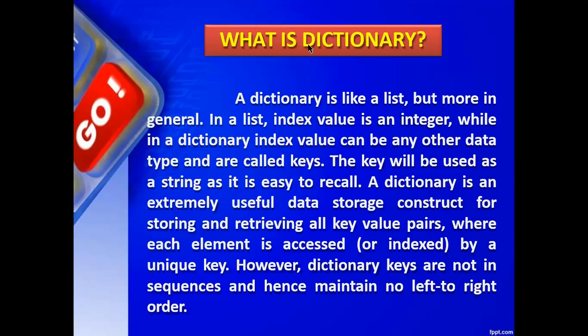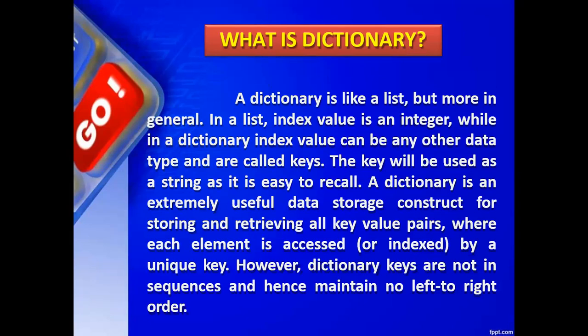What is a dictionary? Among the built-in Python data types is a very versatile data type called a dictionary. Dictionaries are simply another type of collection in Python, but with a twist.